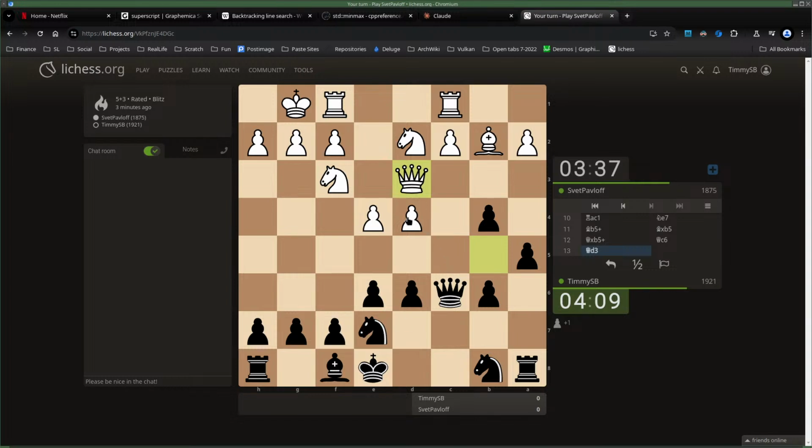I think the trap is moving this one and then taking this pawn back. Doesn't that make sense? So what if I move this forward? It's not gonna happen anymore then.